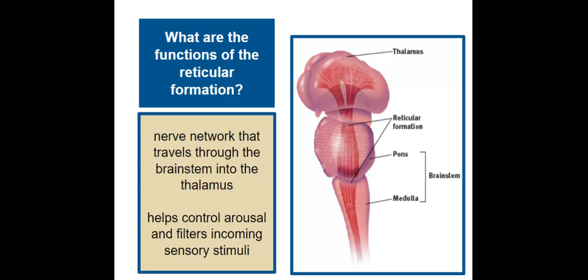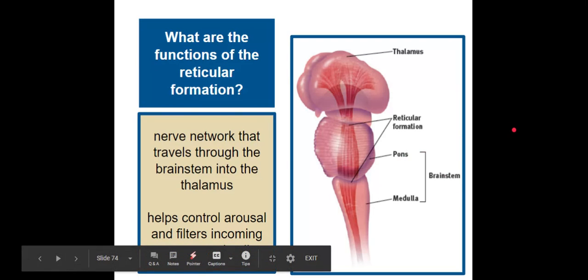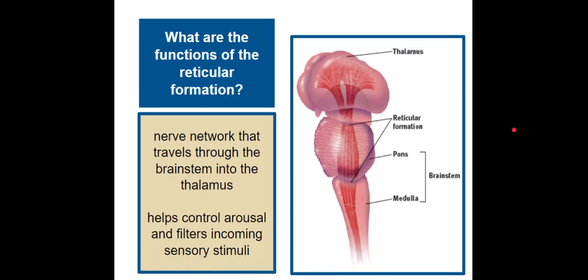This part is very important because, when we get into the sensory and perception unit, you're really going to understand what I mean: our body pulls in millions and millions of bits of data every second, and something has to filter that. In this case, the reticular formation helps us do that.